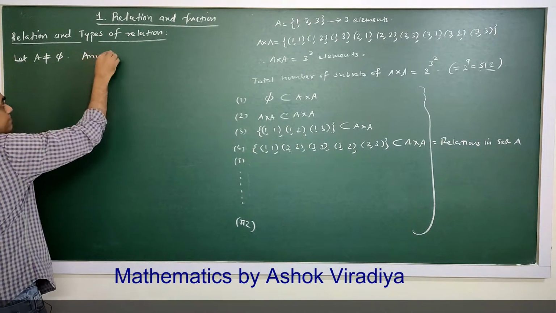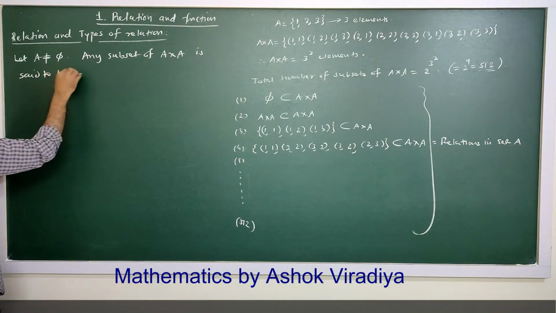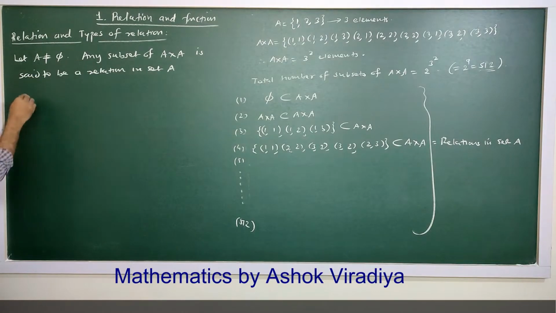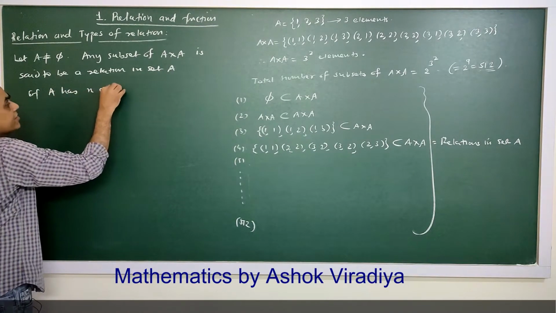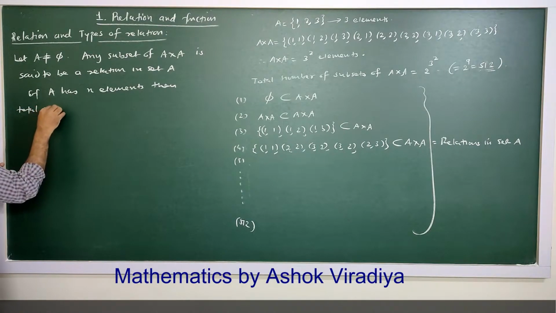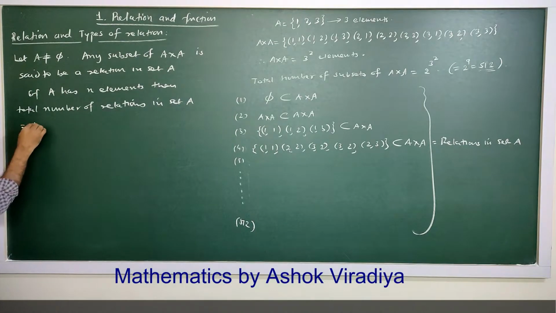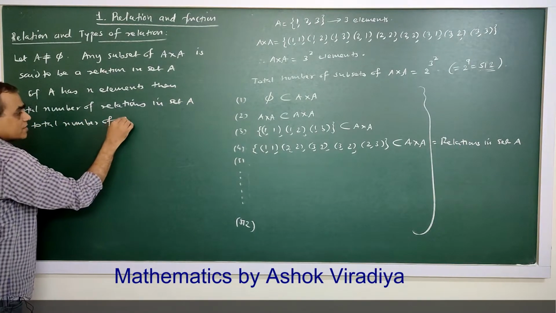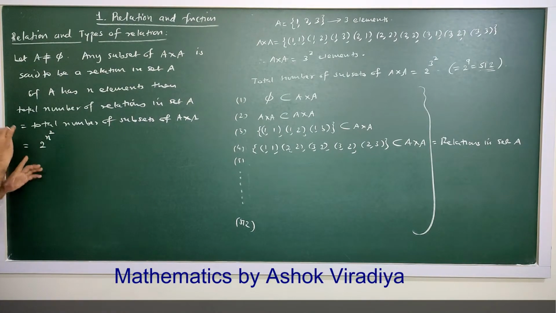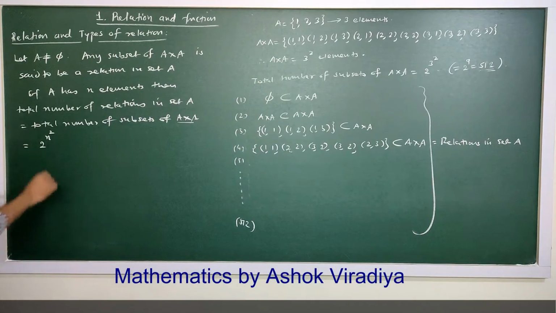Then any subset of A cross A is said to be a relation in set A. If A has n elements, then the total number of relations in set A is equal to the total number of subsets of A cross A, and it is equal to 2 raised to n square, because A cross A has n square elements. So keep remembering this formula.